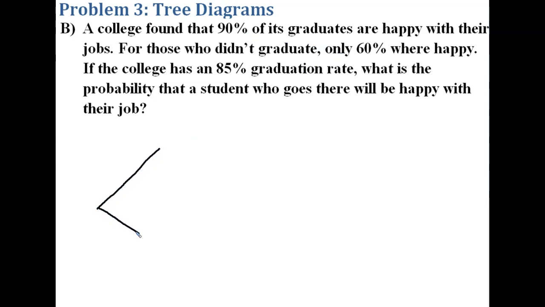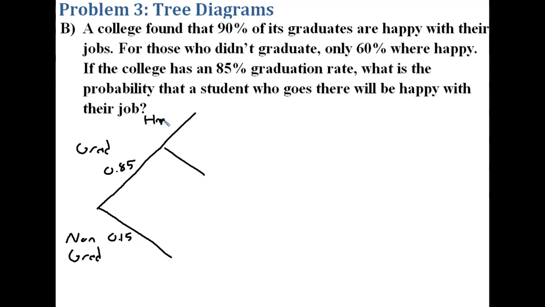We're going to make graduates and non-graduates our first branch, so we'll say grad and non-grad. There's an 85% graduation rate, so we'll put a 0.85 on the grad branch, meaning there's a 0.15 for the non-grads. If they graduate, they can be happy with their job, or I suppose we could say sad.